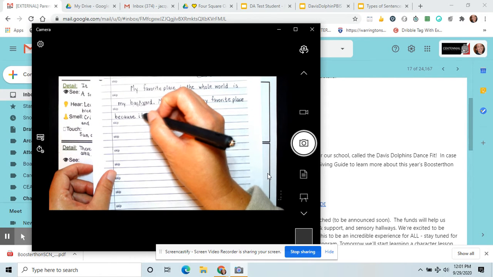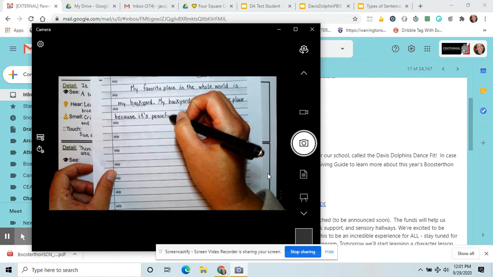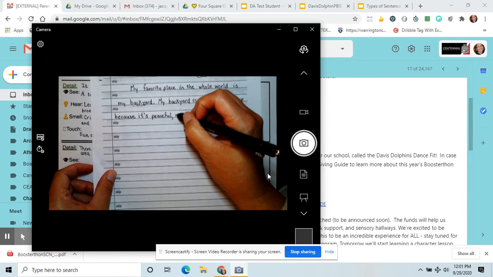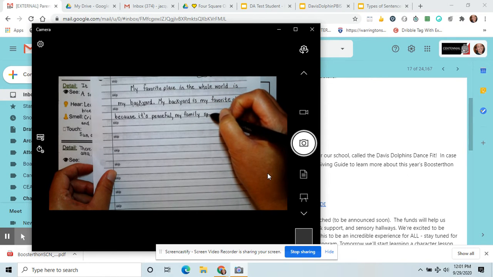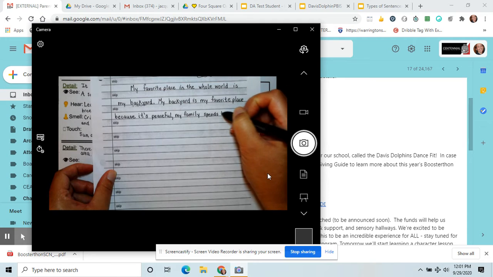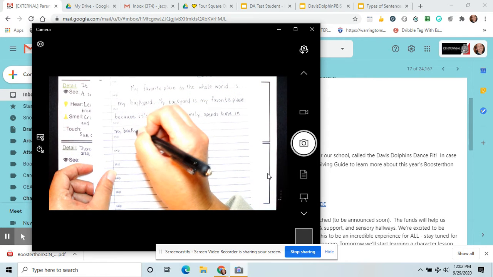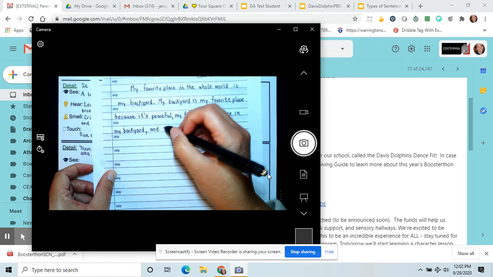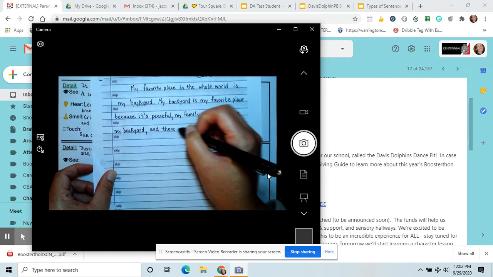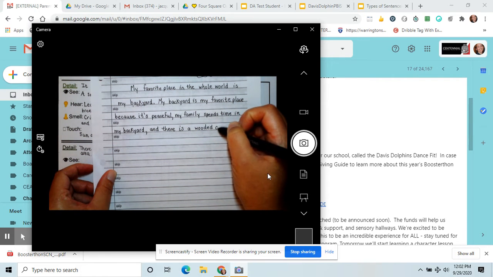So I can make it say it's peaceful, my family spends time, comma, and there is a wooded area.